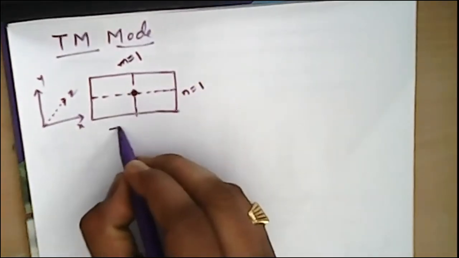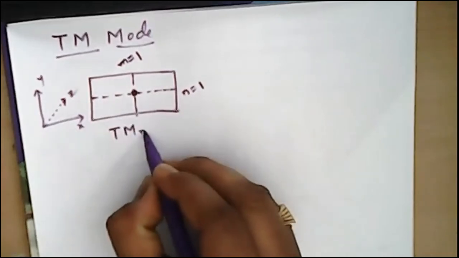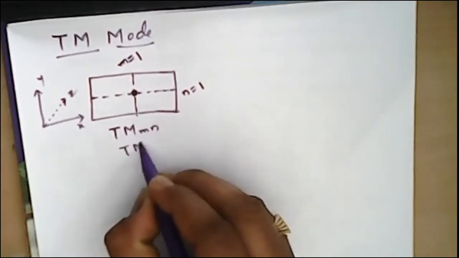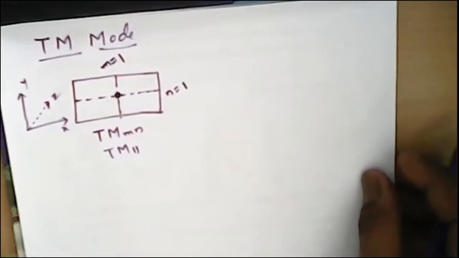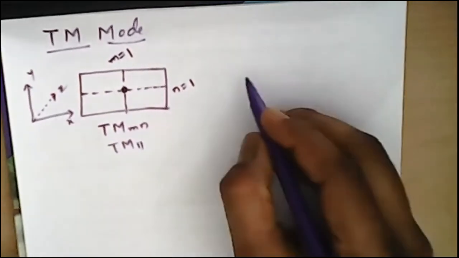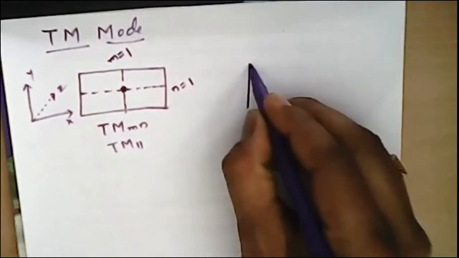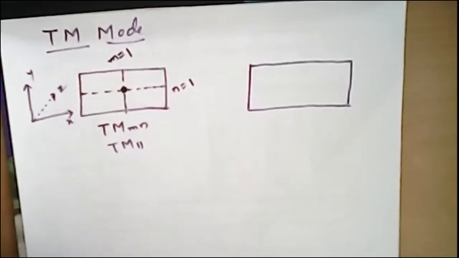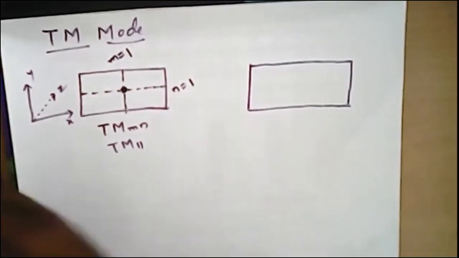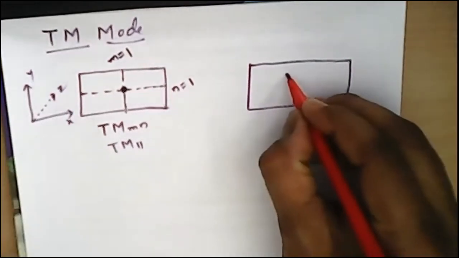So we have TMmn, and the mode of propagation will be TM11. Now it will be better understood if we take one more example here. Now we can tell the answer also. So the waveguide, if it is like this, and the mode of propagation is like this.